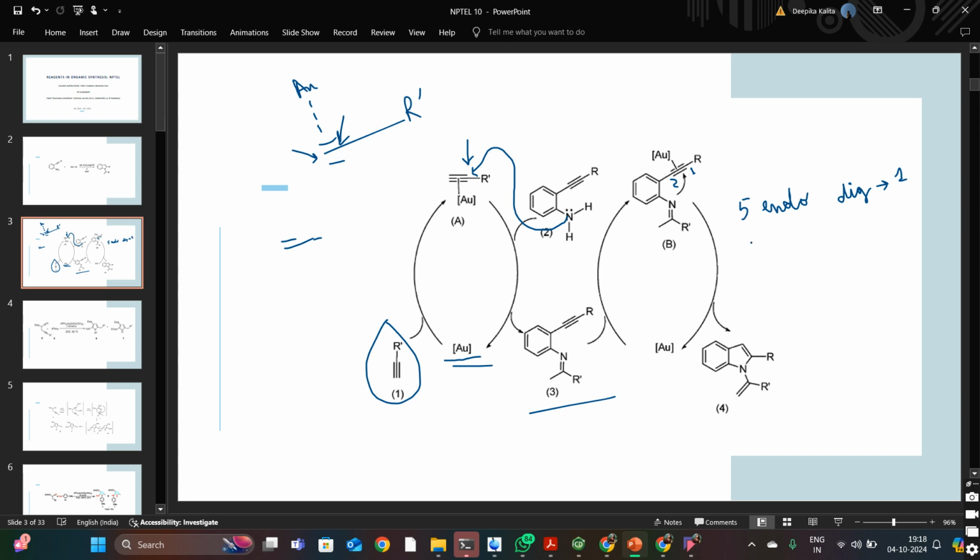But if it attacks carbon number 2, you will get 5-exo-dig.